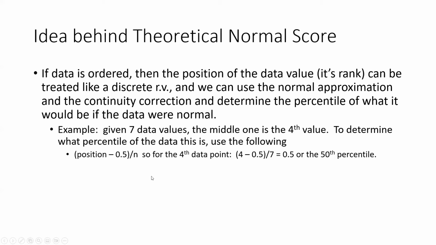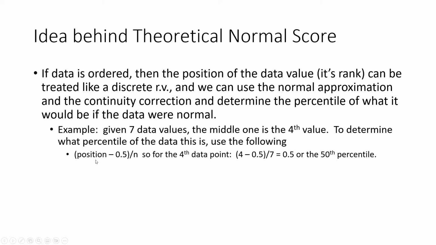Okay, so that's a lot to digest. So let's go through it with an example, which makes all of this much easier to grasp. Basically, if you're given 7 data values and you order them from smallest to largest, the middle one is the 4th value. To determine what percentile of the data this is, we don't actually look at the value of that 4th one.